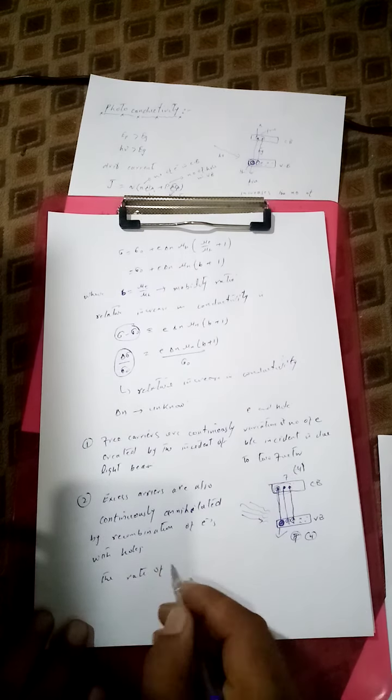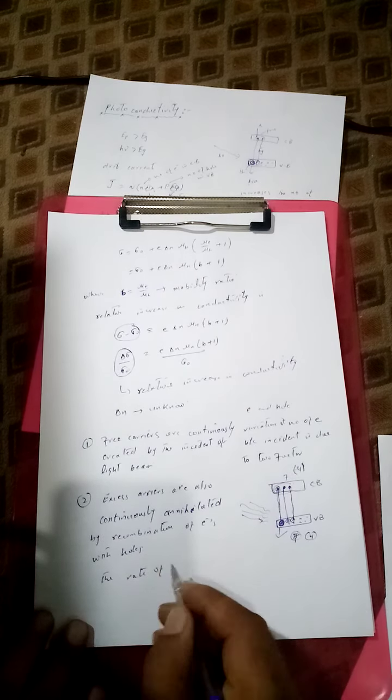So we can say that the rate of change of carrier concentration is equal to G minus N naught over tau.